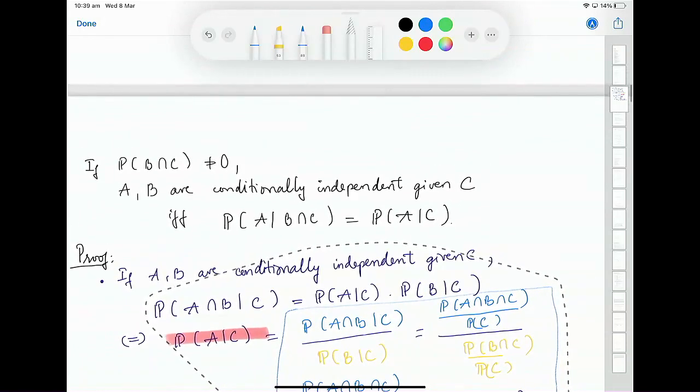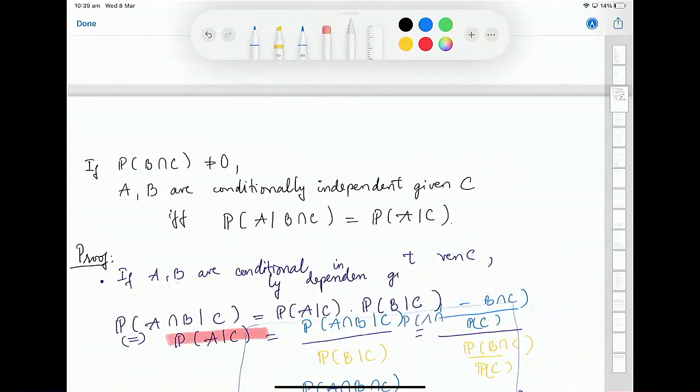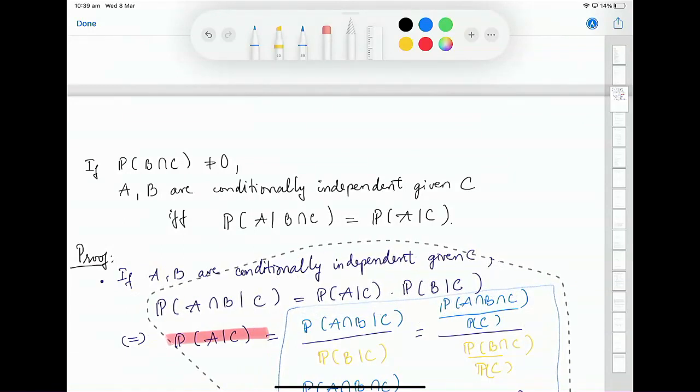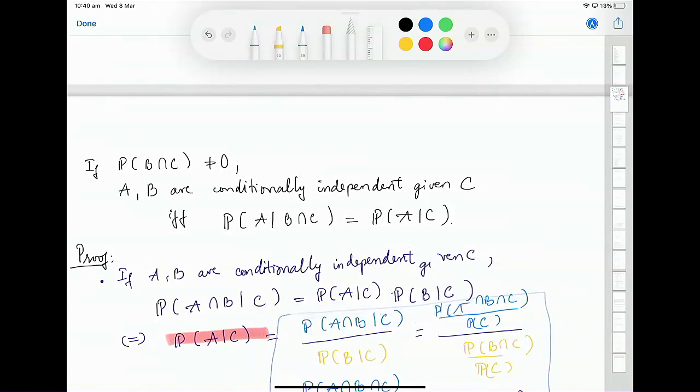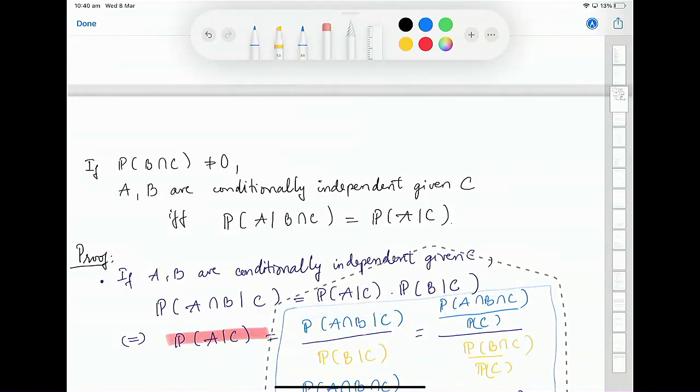Then, if I divide both sides by the probability of B given C, I have the probability of A given C from the right-hand side equal to the probability of A intersect B given C divided by the probability of B given C, right?